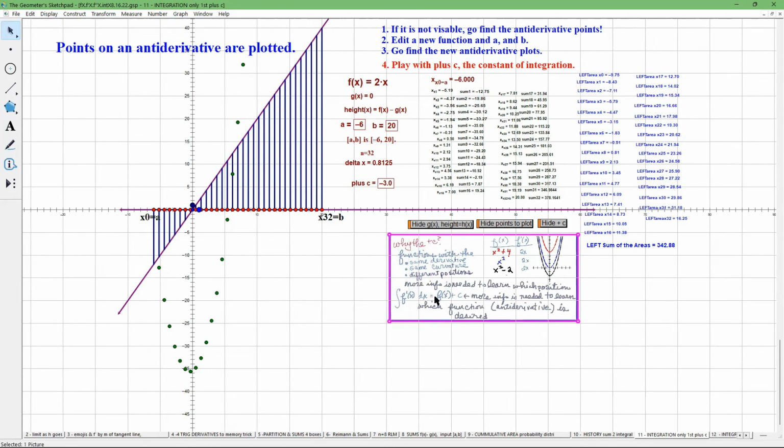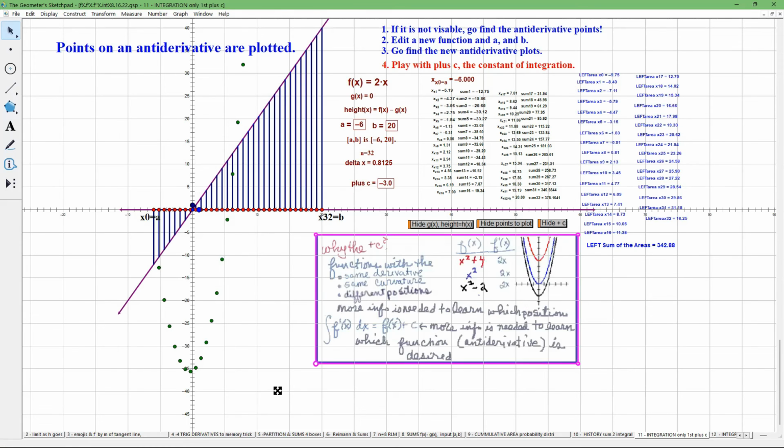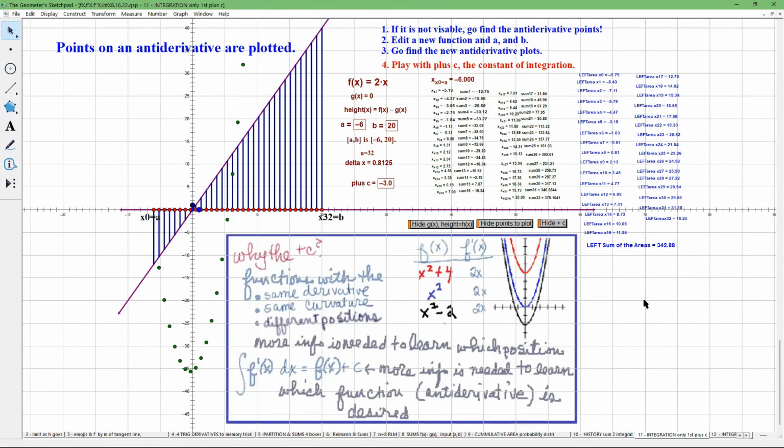Let's make this bigger. What we're starting with is a function whose derivative is 2x.